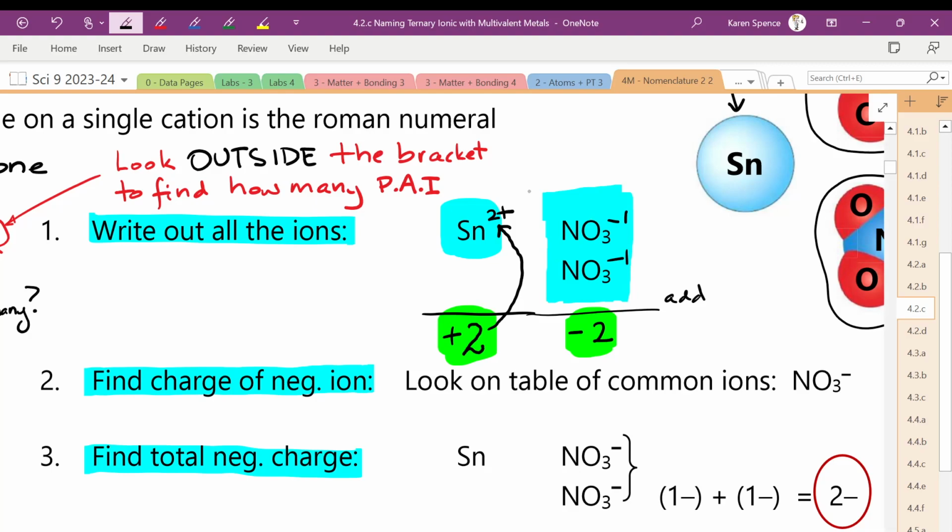And once you know that, that number right there is your Roman numeral 2. So this would be known as tin(II). And then you go and look up the name. What is the name for NO3? Nitrate.